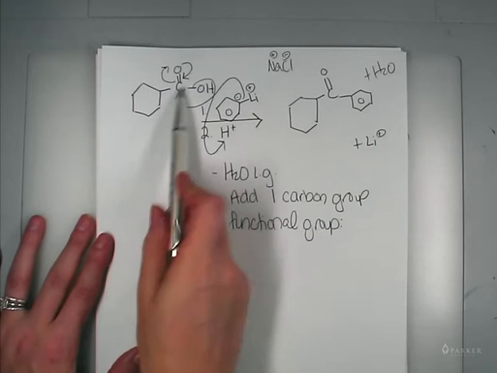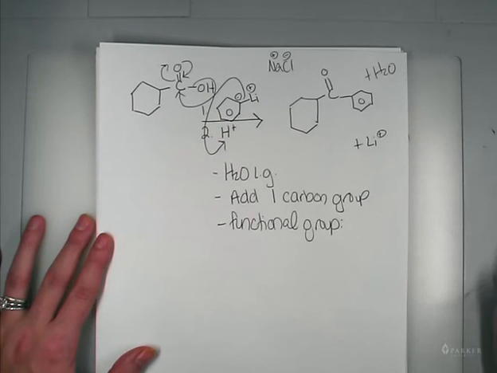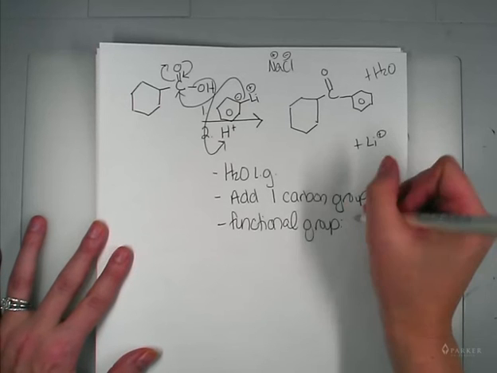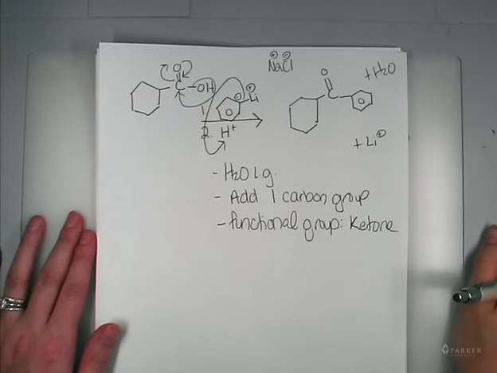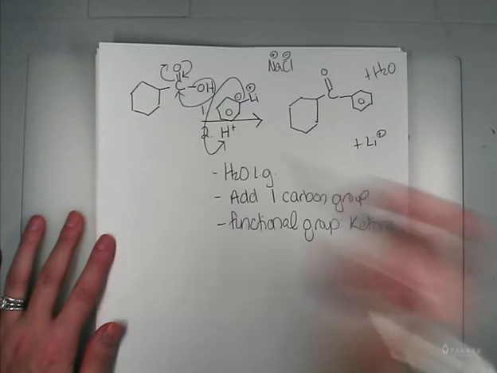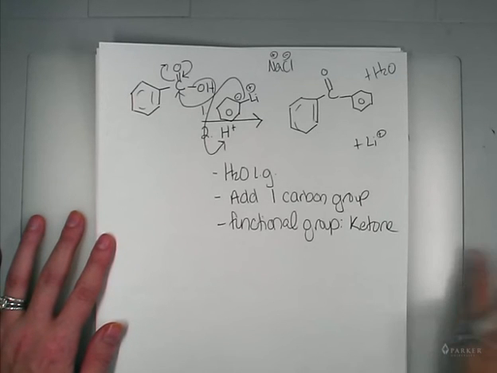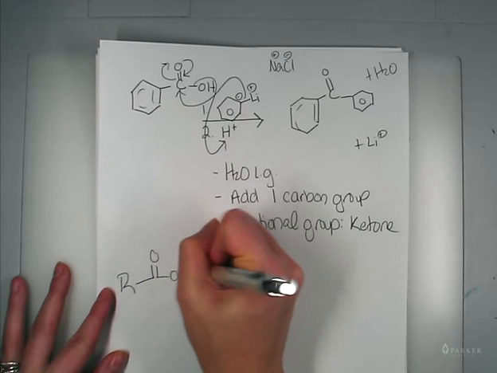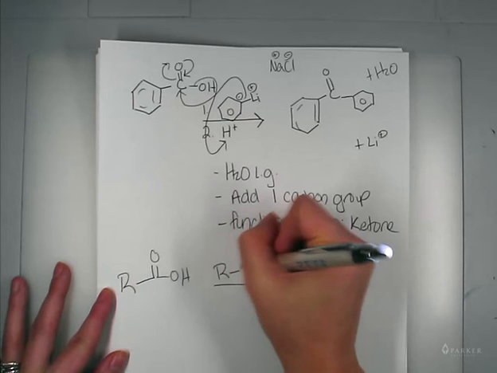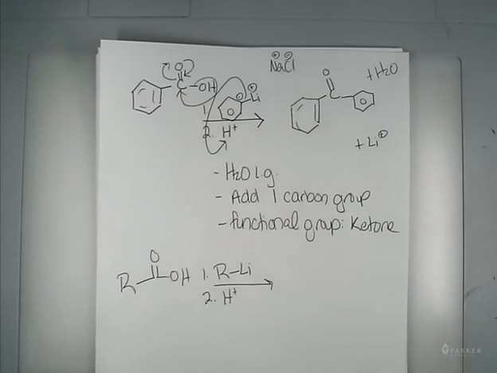So I'm always adding 1 carbon group, and I always have water as my leaving group here. So what will I always end up with? A ketone. If this was benzene? Yeah, amino. This is going to be, if you want a generic one, R, and R can be any carbon group your mind can make up.